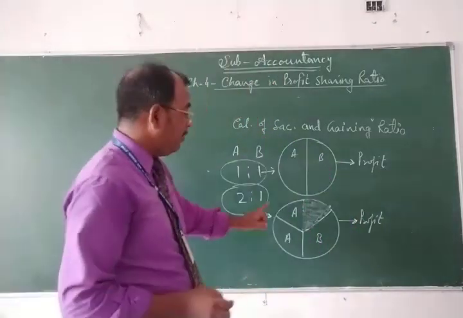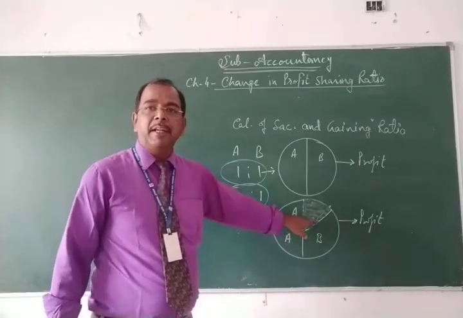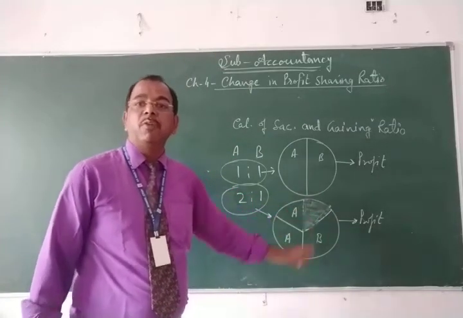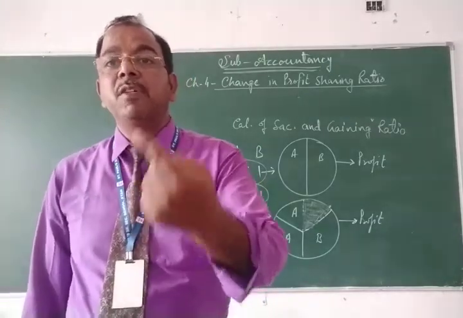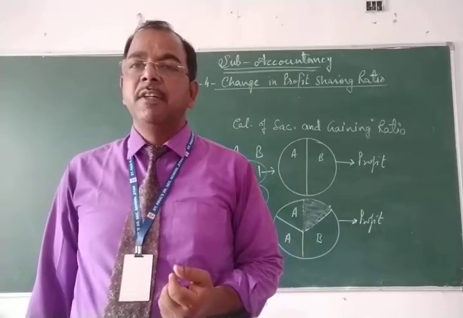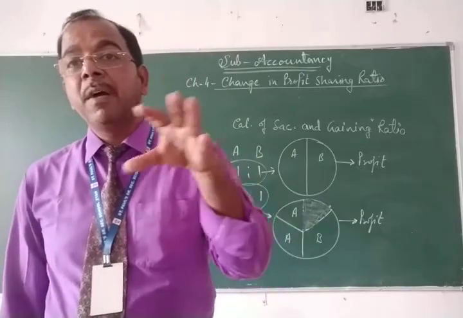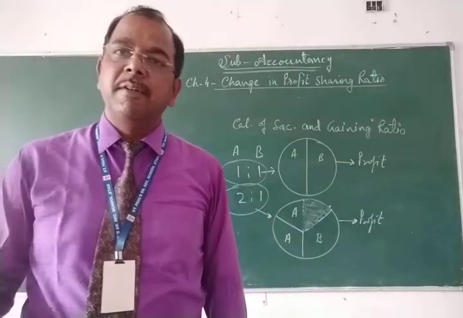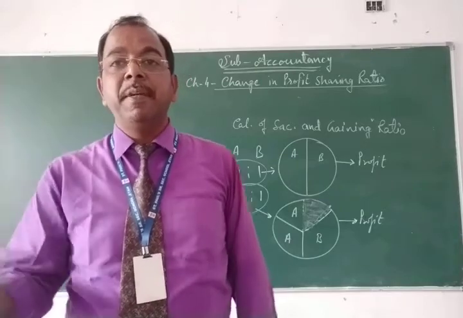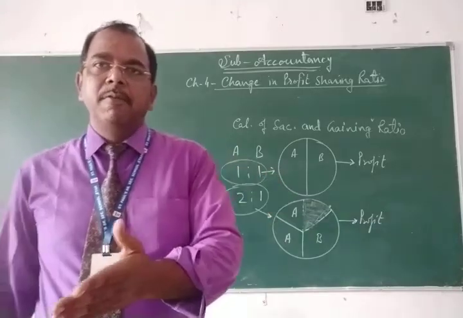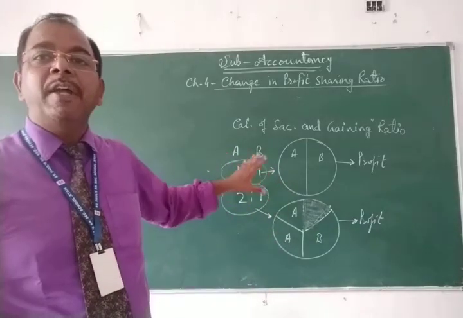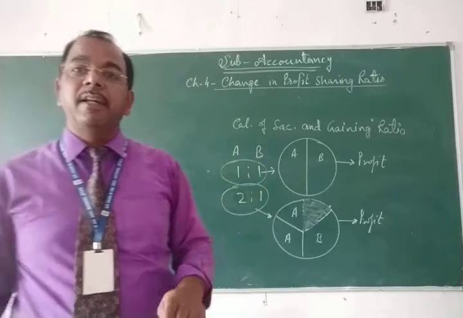Because in future A will be gaining, so he will contribute equal to his gain to B, because B is sacrificing. So he will be given some compensation for his sacrifice. How it is done, we will see in further concepts. But now we have to learn the sacrificing and gaining ratio.